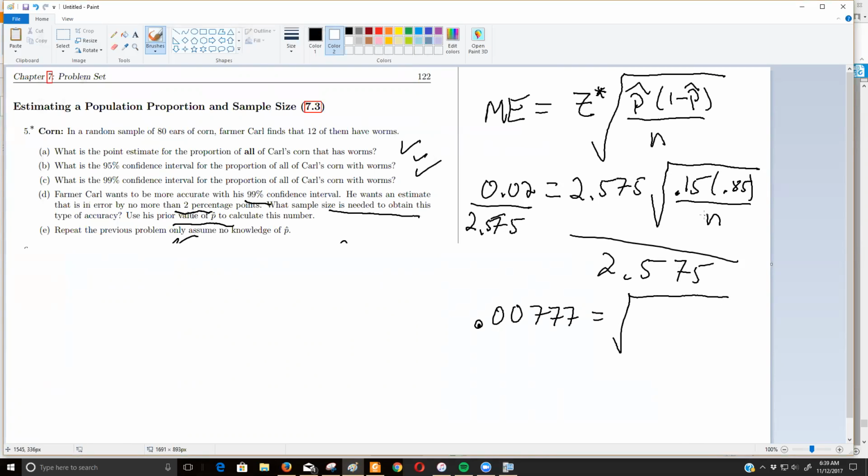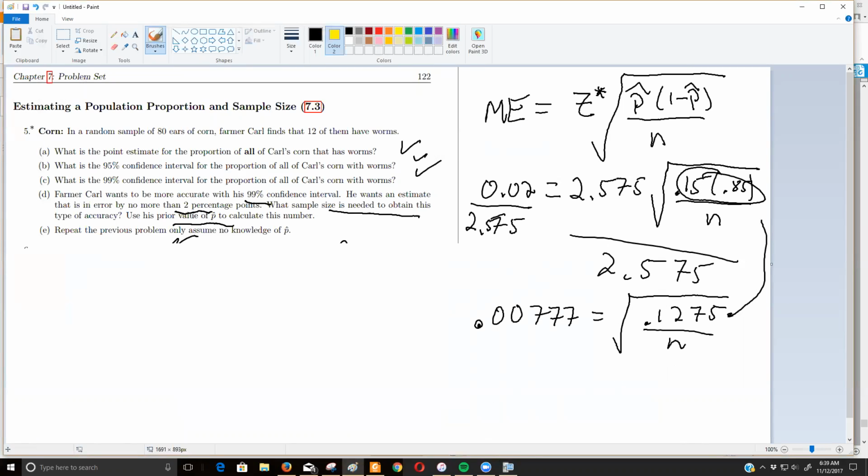I'll do that off screen on my other calculator. That gives 0.1275 over n.